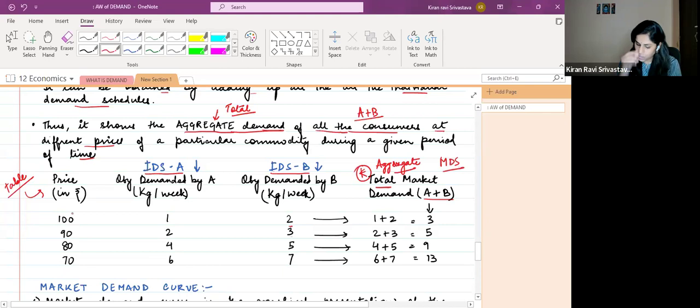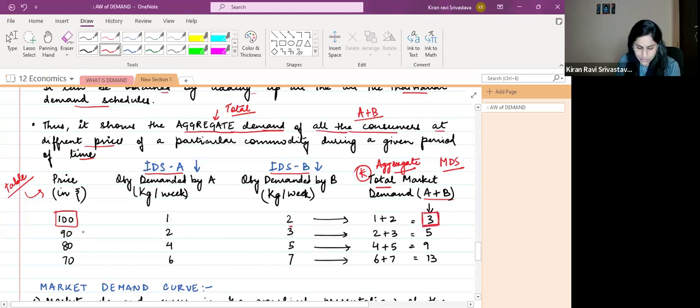So at 100 rupees, the total market demand is 3 kgs, A plus B. Individually, A was demanding 1 kg and B was demanding 2 kg, but at this price the total market is demanding 3 kgs of apple.